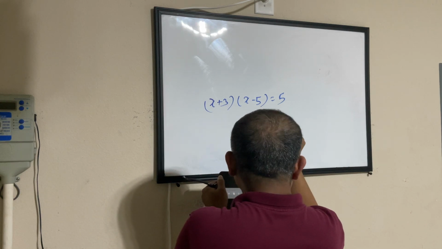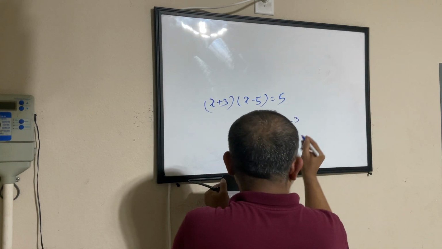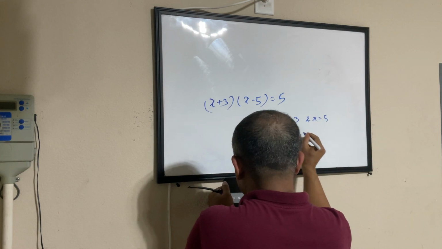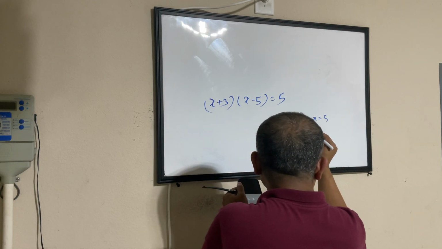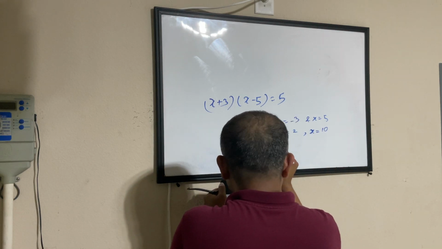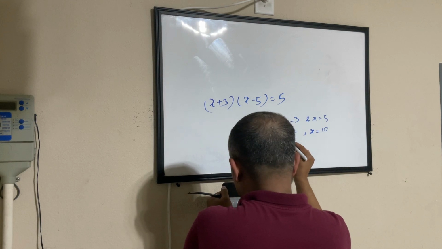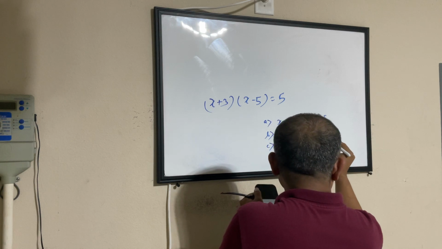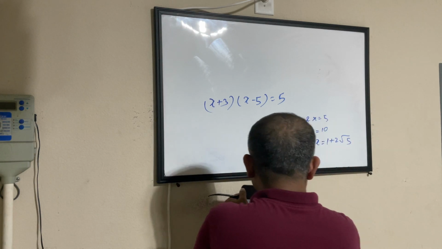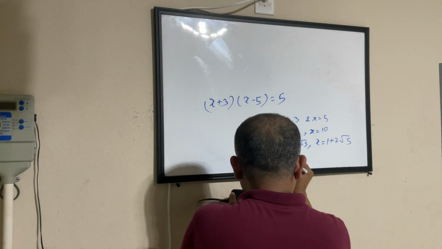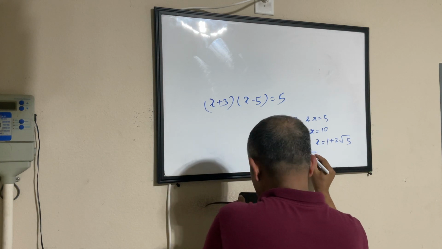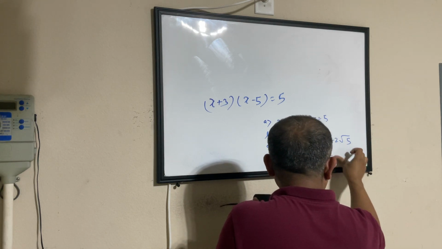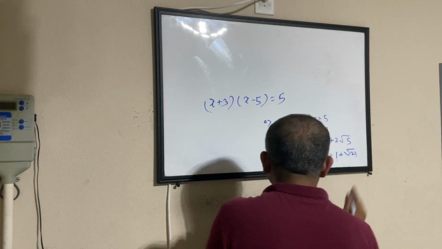Option A is x equal to minus 3 and x equal to 5. Option B is x equal to 2 and x equal to 10. Option C is x equal to 1 minus 2 root 5 and x equal to 1 plus 2 root 5. Option D is x equals 1 minus square root 21 and x equal to 1 plus square root 21.